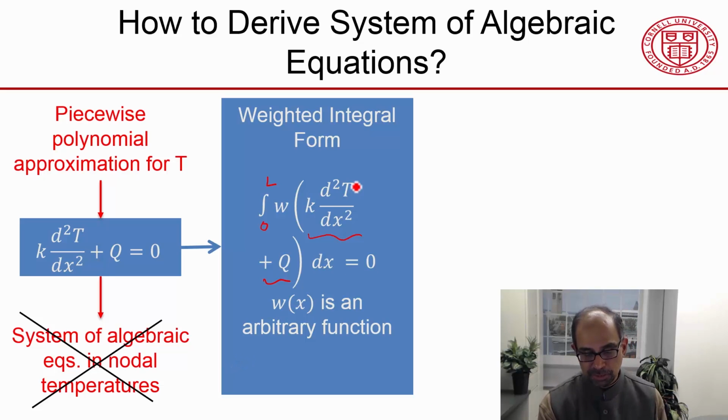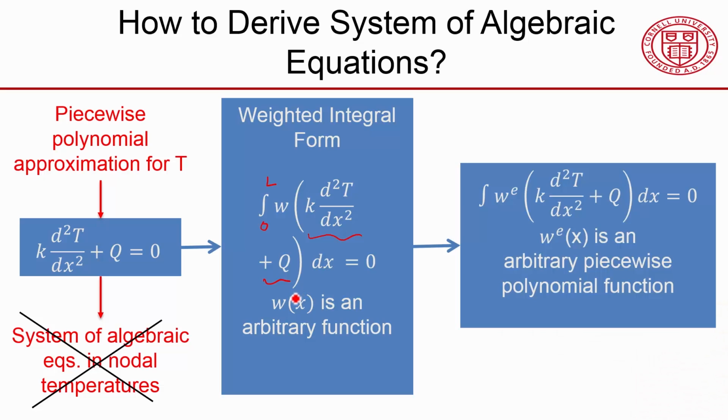But once I've assumed a shape for the temperature, there's no way I can satisfy this for any arbitrary function. So what do I do? I say, you know what? I won't satisfy this for any arbitrary W. I'll satisfy it for one particular shape of W. So I'll say, hey, instead of satisfying it for an arbitrary function, I'll satisfy it for an arbitrary piecewise polynomial function.